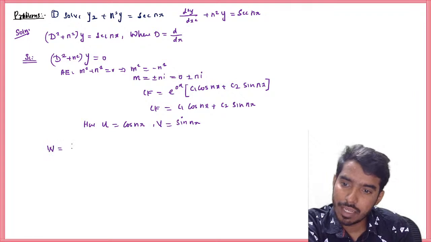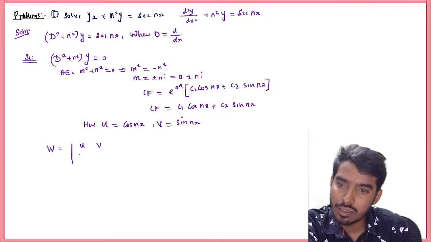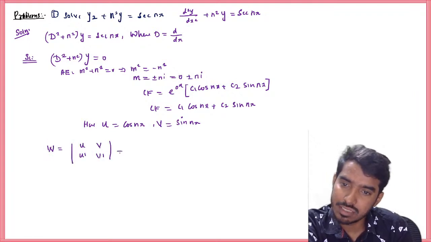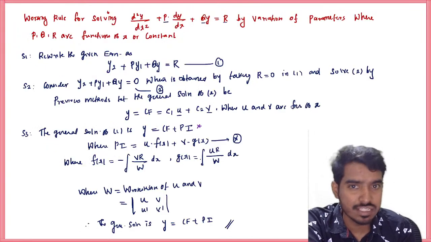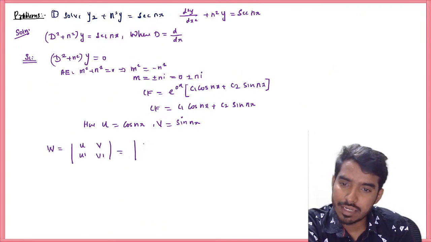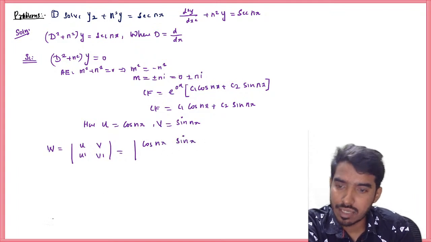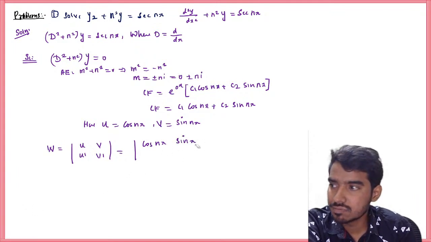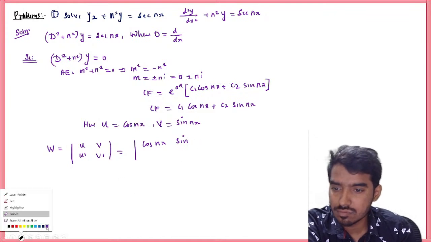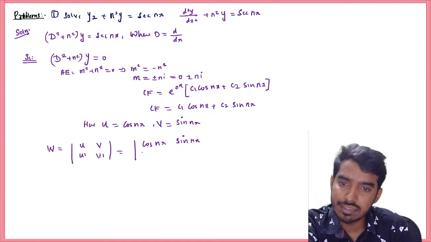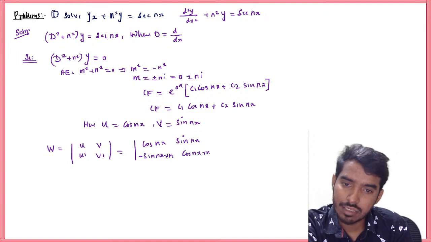The Wronskian is given by the determinant of u, v, u dash, v dash, because we need this W to find f of x and g of x, right? So the determinant of cos nx, sin nx, and the derivatives: minus sin nx into n, and cos nx into n.